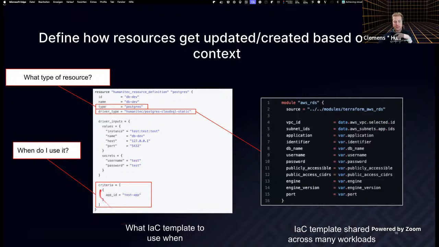And here are the criteria which specify under which conditions this definition should be applied. And you could, for example, say, hey, every time something is planned to go onto a development system, or every time something is planned to go onto a production system, or in this case, if an application called test app is coming around, we're going to use this definition here, which links to the actual Terraform code, which later on creates the whole environment.